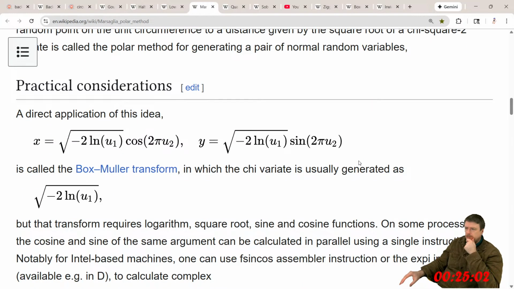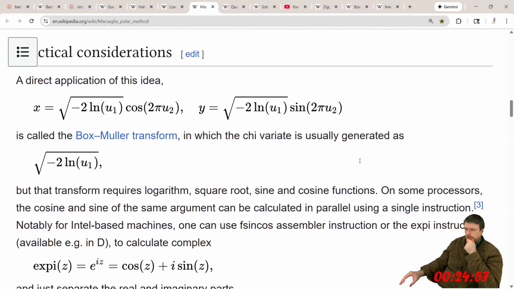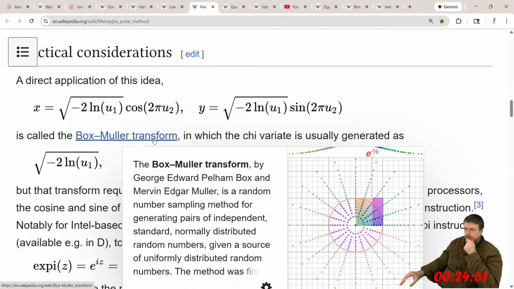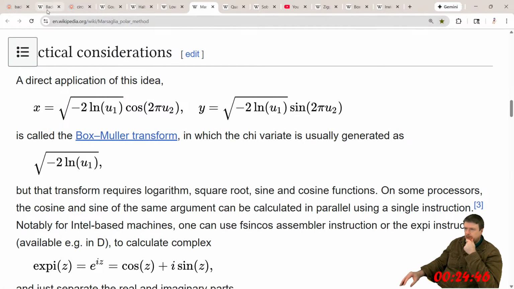All right. Got this one open. I need another one.